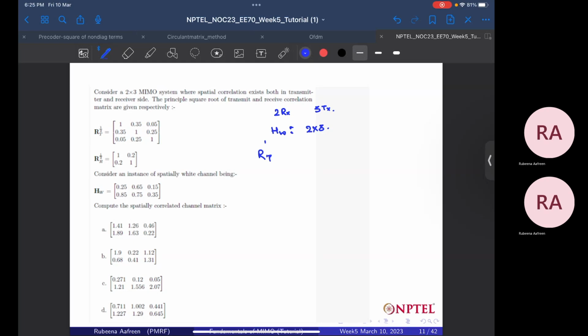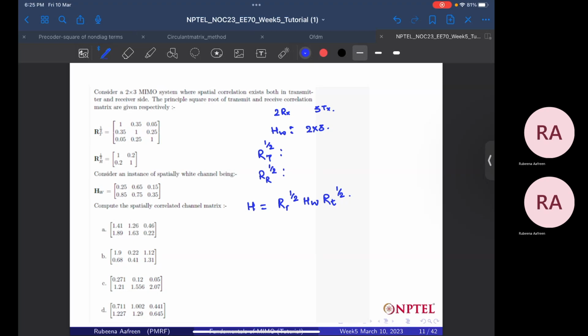So here you can see that the receive covariance matrix to the power of half is given, and then RT to the power of half is also given. So from here you can easily find the spatially correlated channel matrix, right? The formula is RR to the power of half into HW into RT to the power of half.